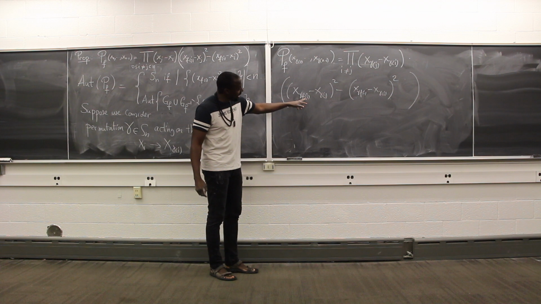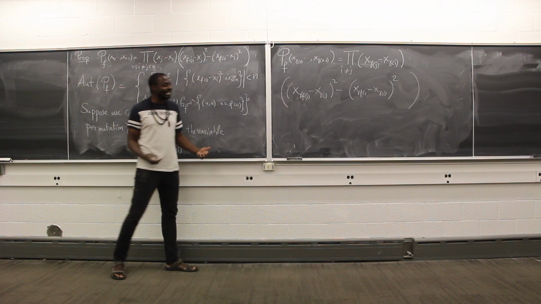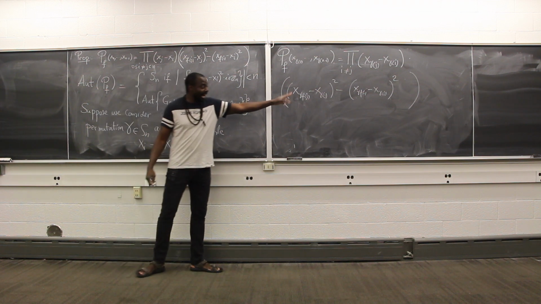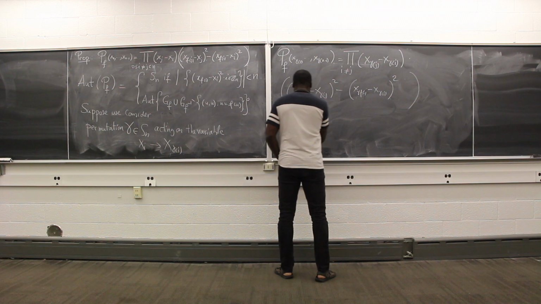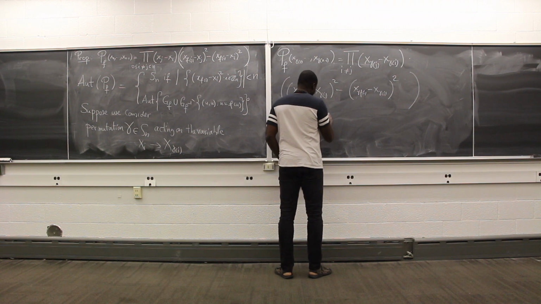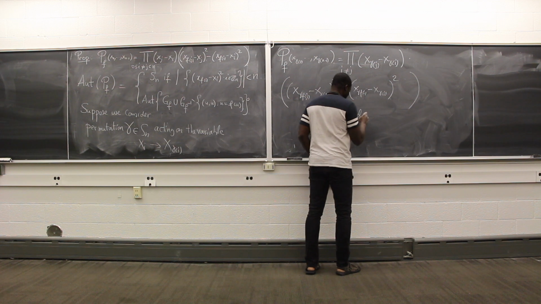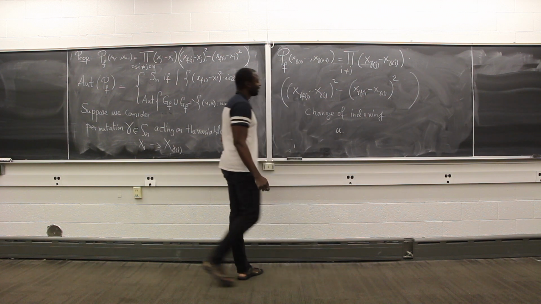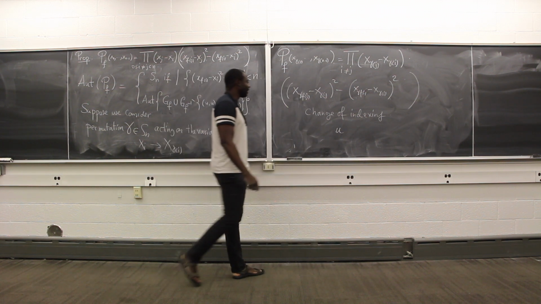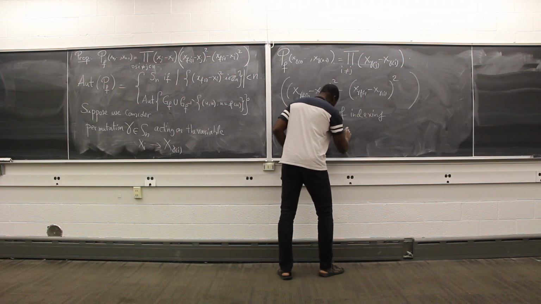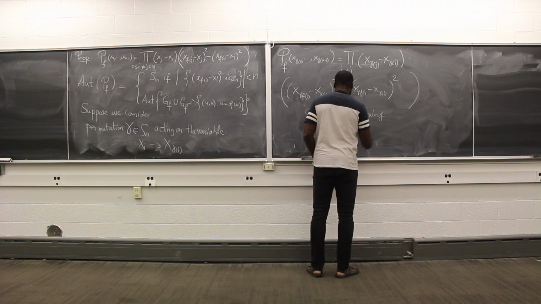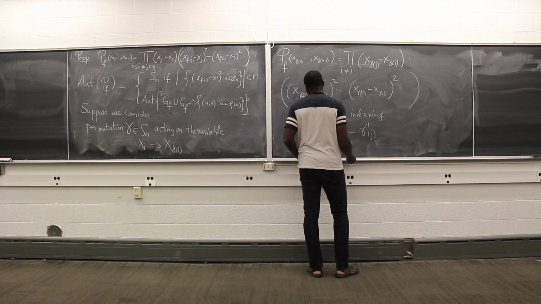So you can say everywhere, I'm going to do a change of variable, a change of indexing. If you had a j, I'm going to replace j by gamma inverse of j. Is that the right way of saying it?